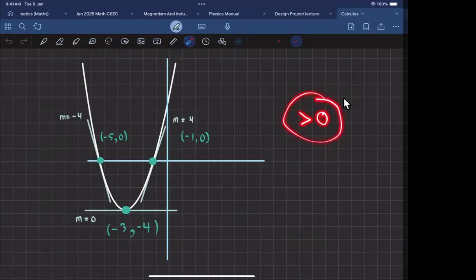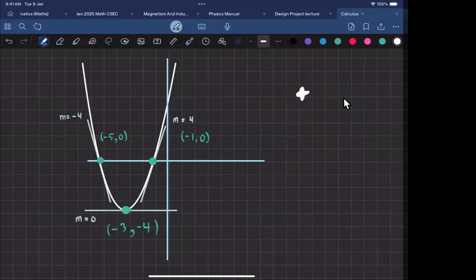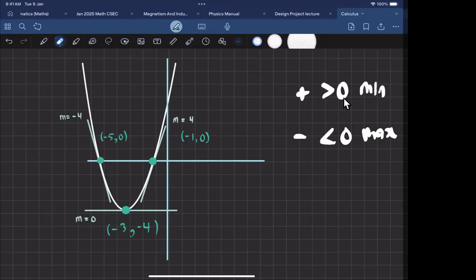If it's less than 0, it's a maximum. So if the second derivative is positive, meaning more than 0, it's a minimum, and if it's negative, less than 0, it's a maximum. You understand? So that's a basic rundown of it. Right. Cool.